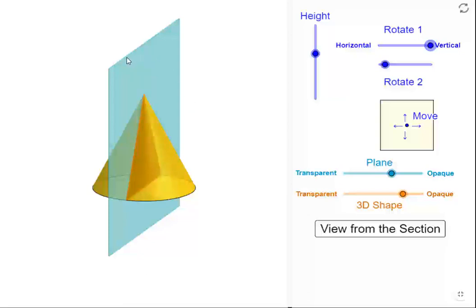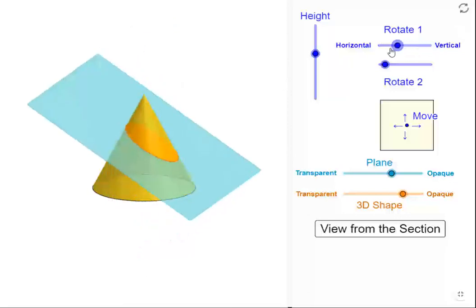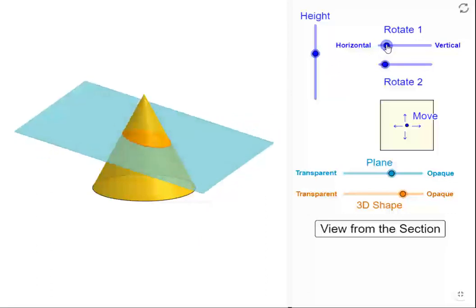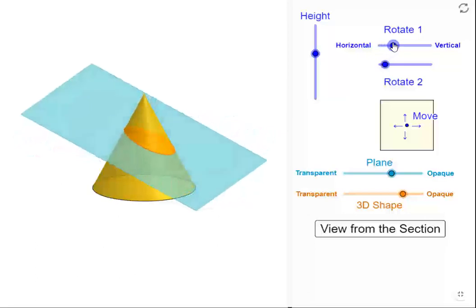Again, when my plane is parallel to the base, it forms a circle. When my plane cuts both of the sides with a certain angle, the cross section is an ellipse.